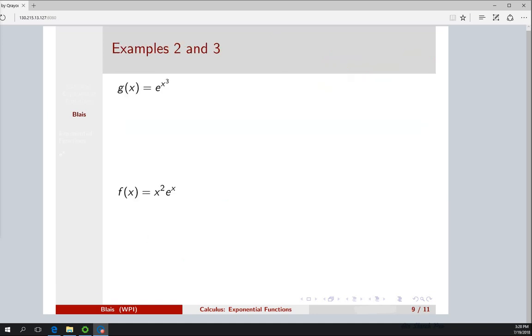But let's look at some examples now that we have these differentiation rules. So here we have a chain rule problem. So our derivative, and it might be a little bit easier to name the intermediate variable. We have u equals x cubed, and then y equals e to the u.